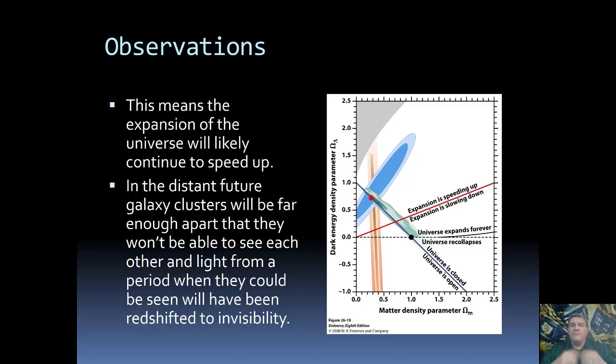However, because the expansion rate is increasing, distant galaxies are going to become more and more redshifted faster and faster. So their light will become so redshifted that at some point in the future, we will only be able to see galaxies within our local cluster of galaxies. All other galaxy clusters will be lost from view.